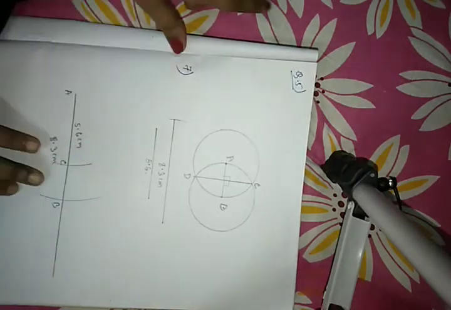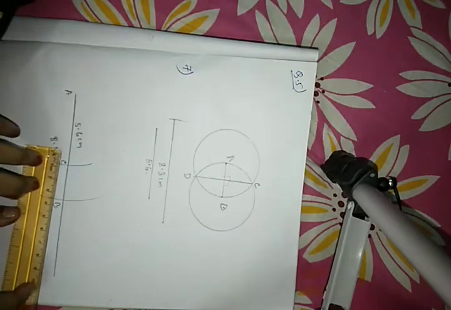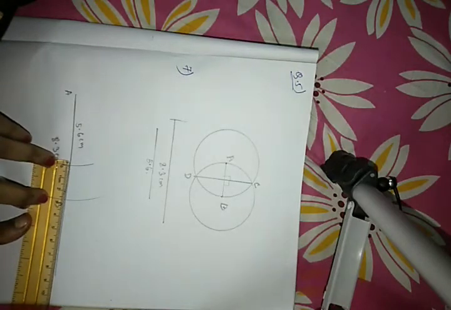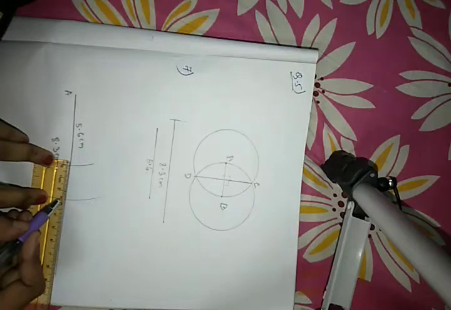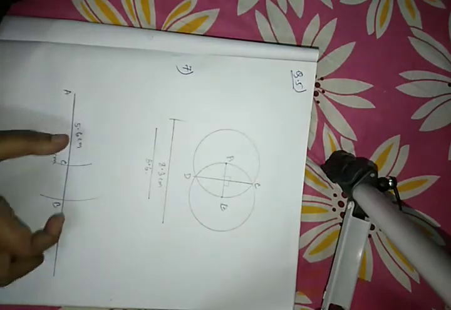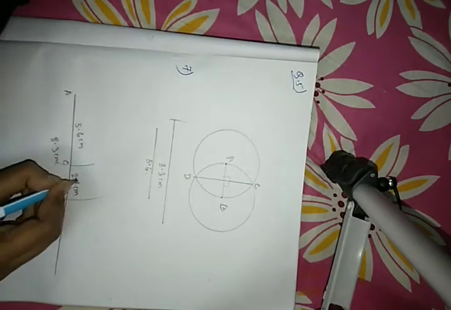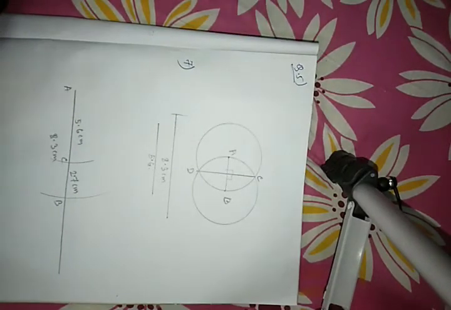Now we will have to measure the length BC. Now see, this is 2, this is 5 and 1 2. So 2.7 centimeter is the length of BC. Okay, so that is done.